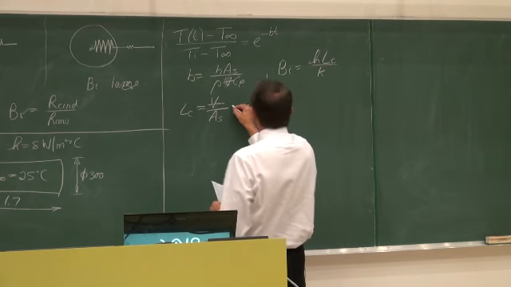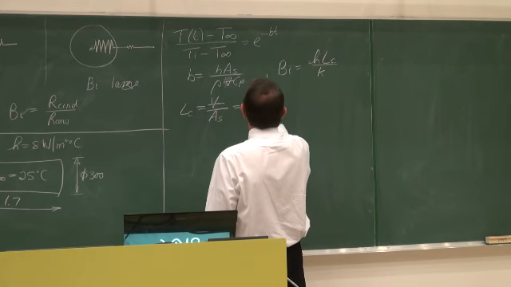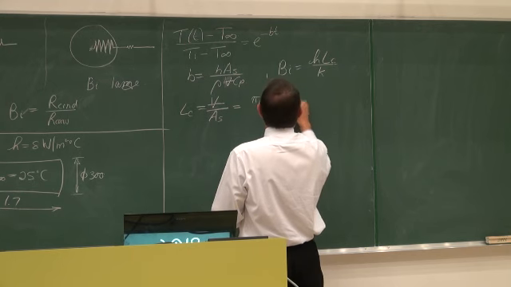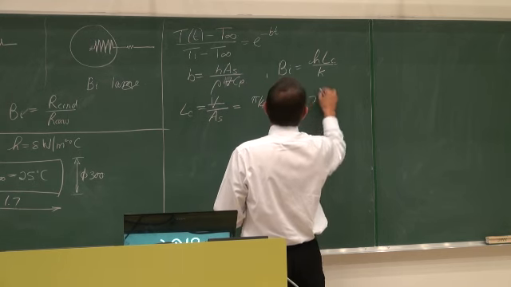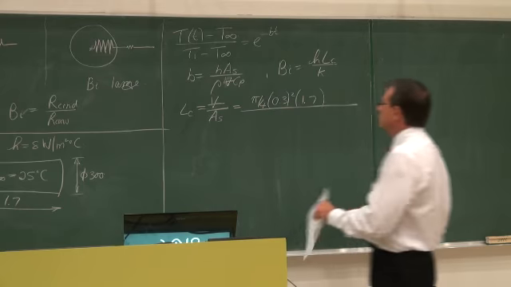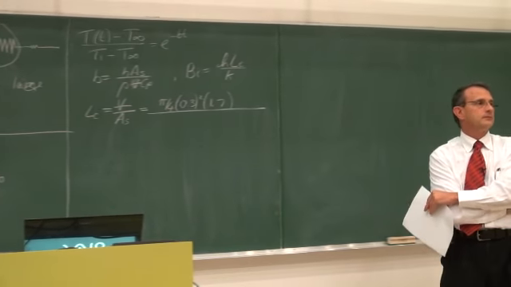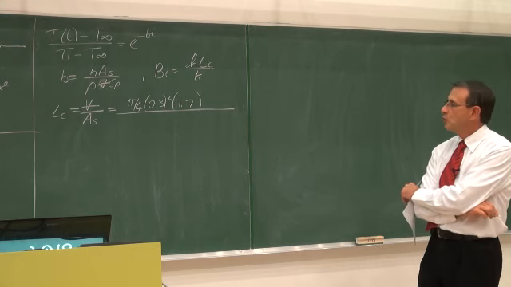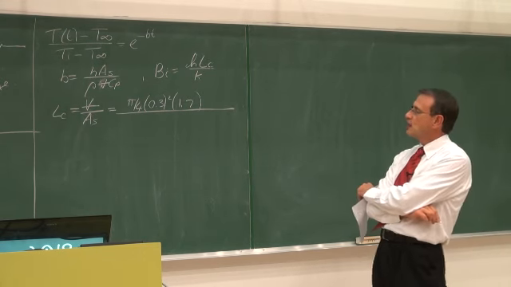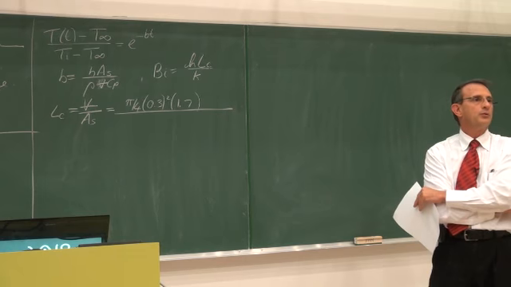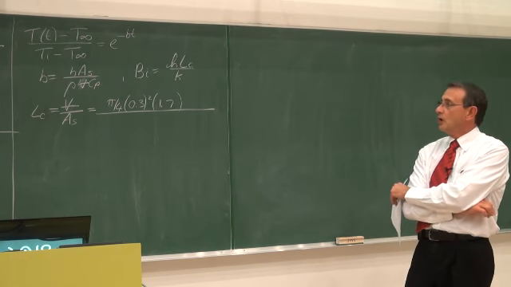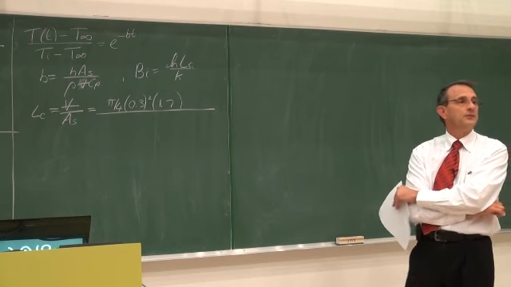The volume is equal to pi divided by 4 multiplied by 0.3 squared multiplied by the length, and that would give us the volume of the body. Pi divided by 4, 0.3 the diameter squared, multiplied by the length of the body, 1.7 meters. What is the surface of the body?